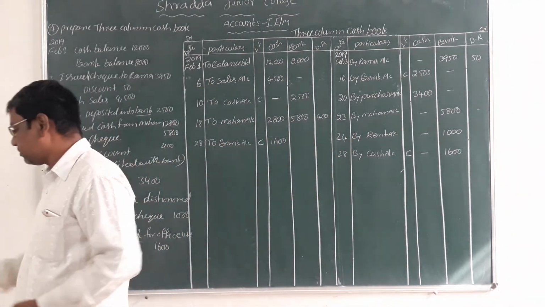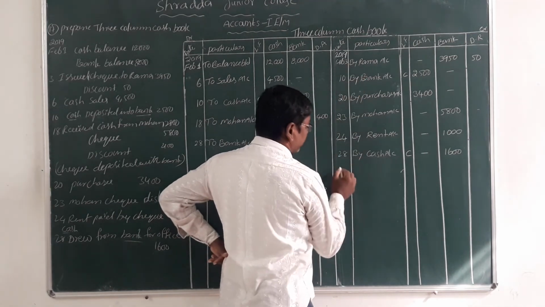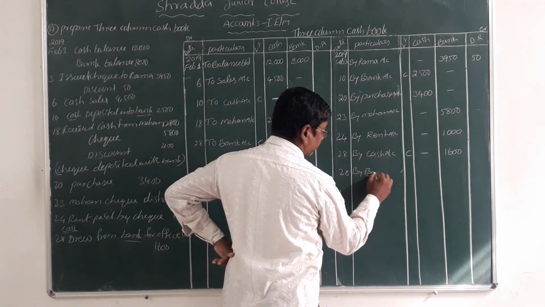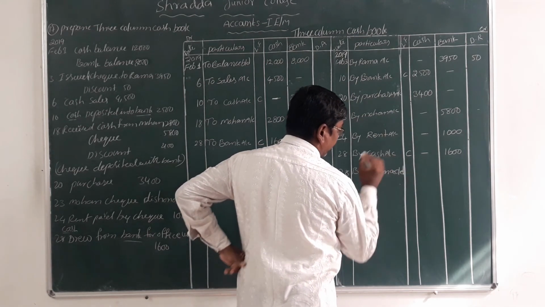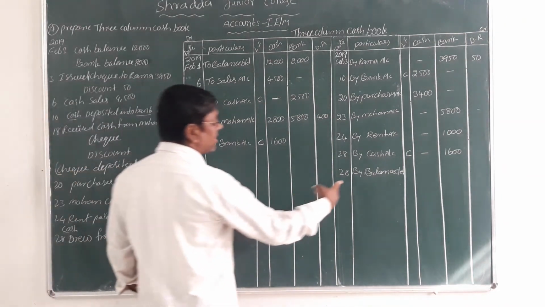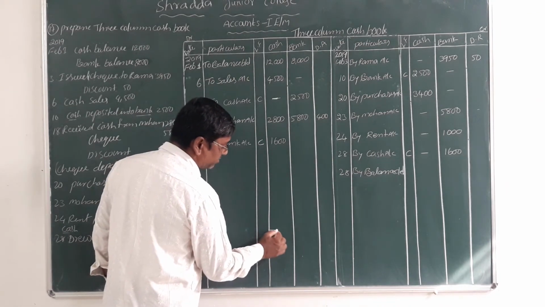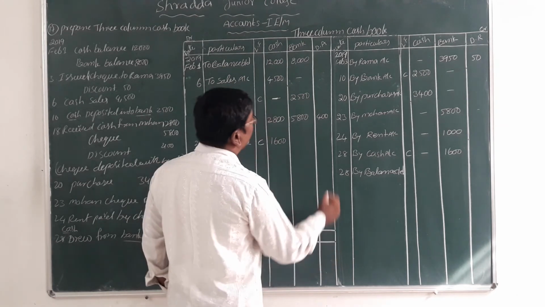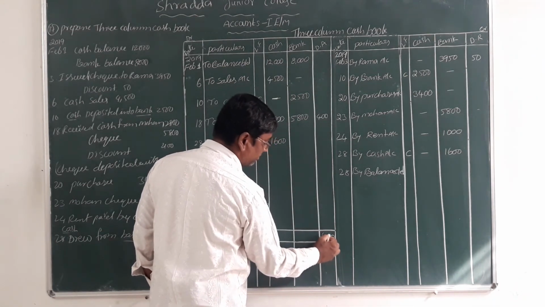Yes friends. Same day, February's last date is 28, by balance carried on. First of all, we do the cash, bank and discount totals here. Okay now, what is the discount total? 400 rupees.